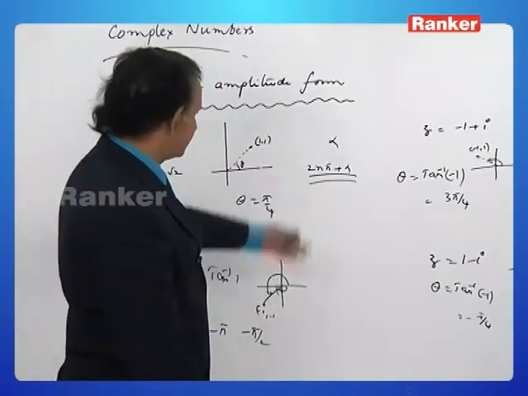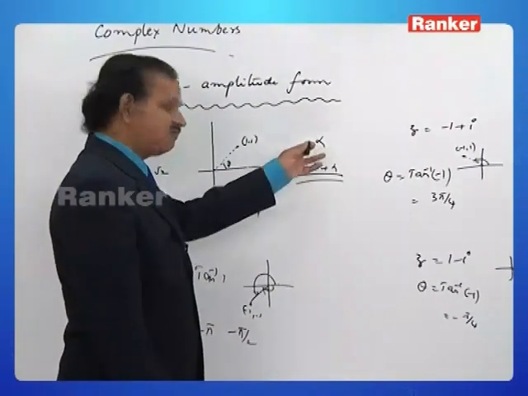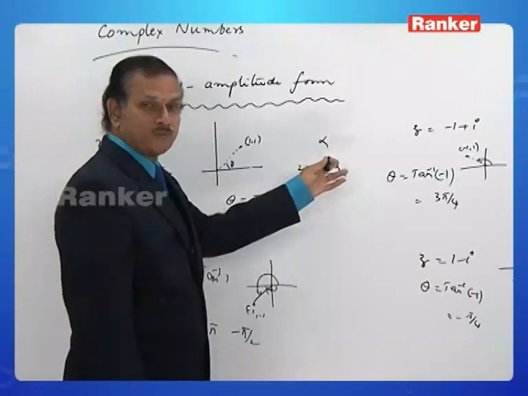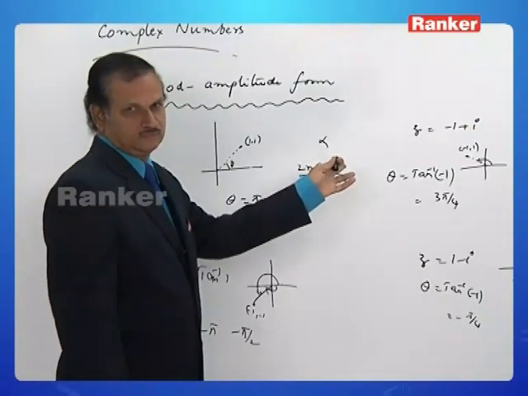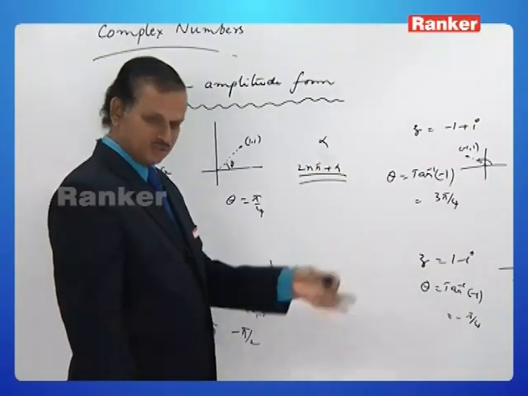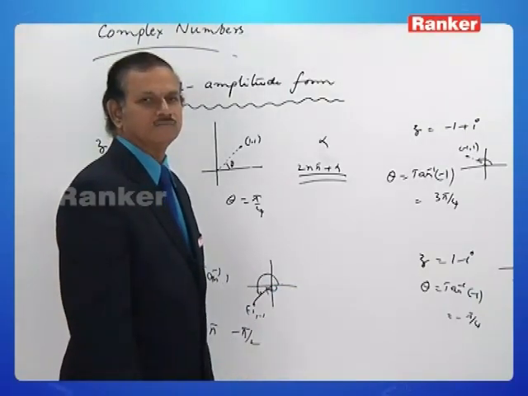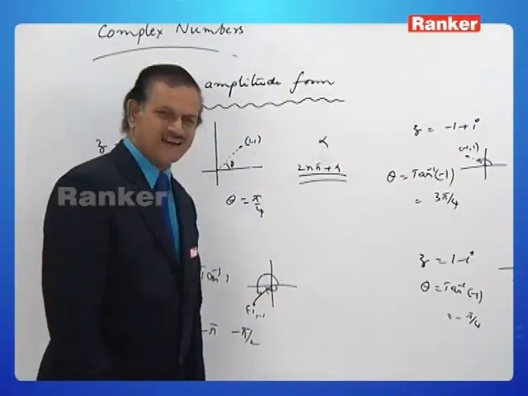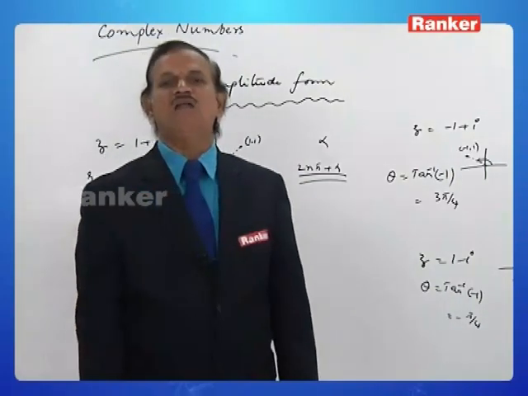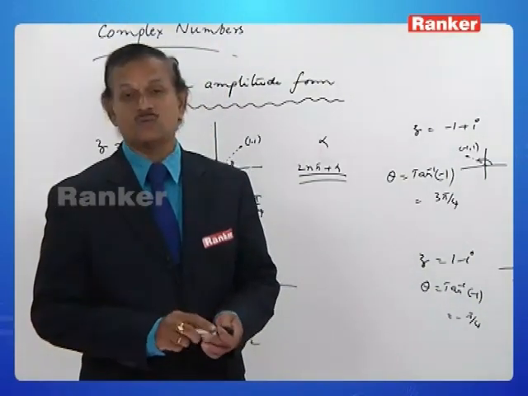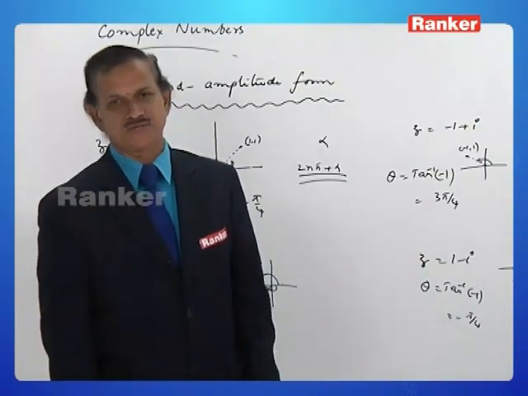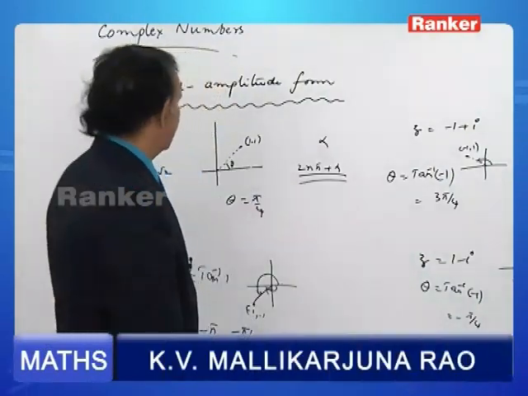The general amplitude is 2n pi plus alpha, provided alpha is the standard amplitude or principal amplitude, or simply amplitude, or argument. This is the way in which we consider the amplitudes.